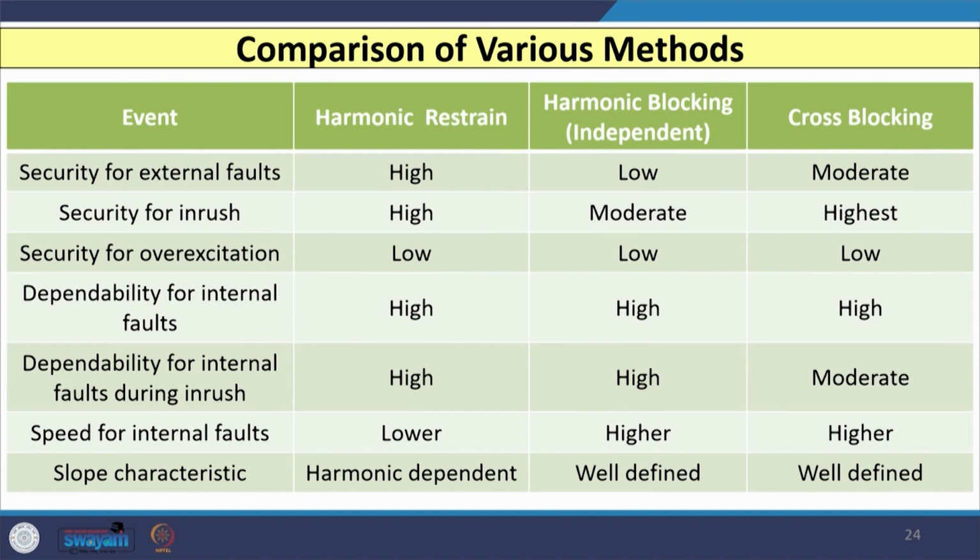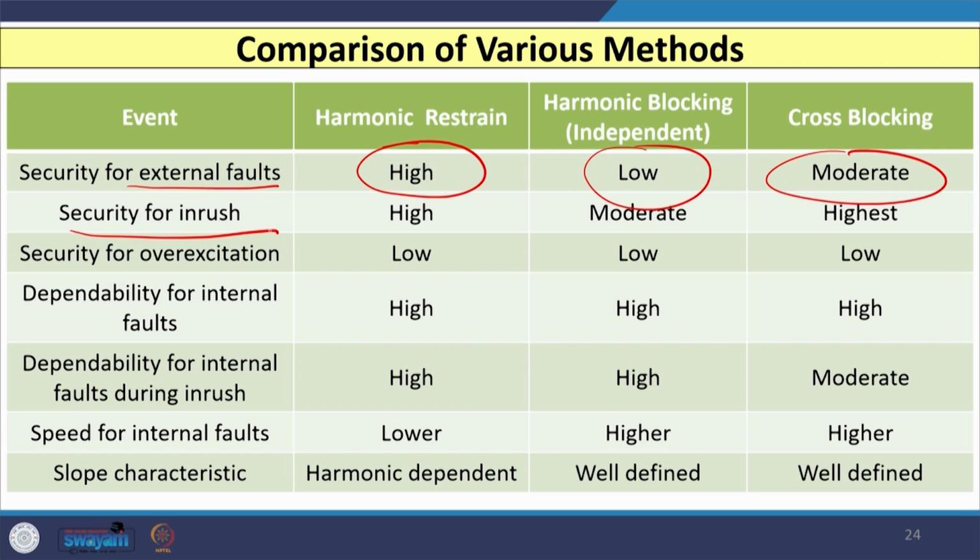So, if I compare the harmonic restraint method, harmonic blocking method, and cross blocking method considering several parameters, then for security against external fault, if any heavy through fault is there, the best method is the harmonic restraint method, because it utilizes all the different harmonics. However, cross blocking will give moderate value, whereas the harmonic blocking gives low security against heavy through fault condition.